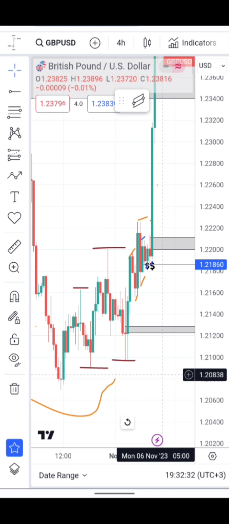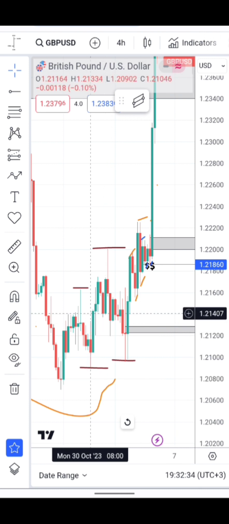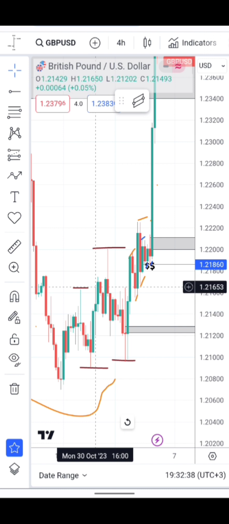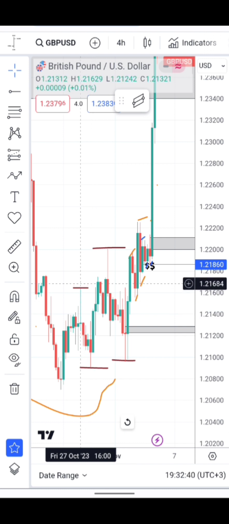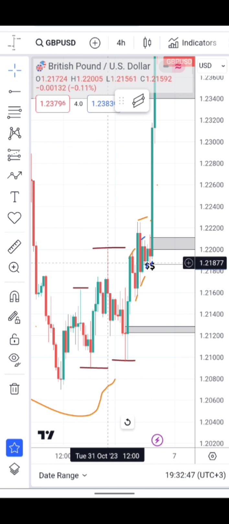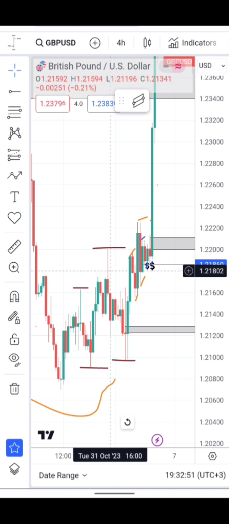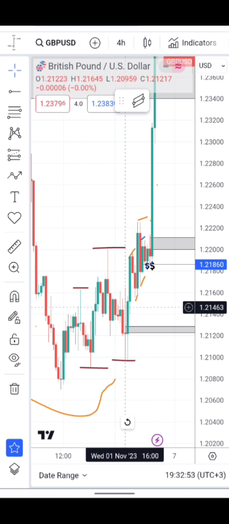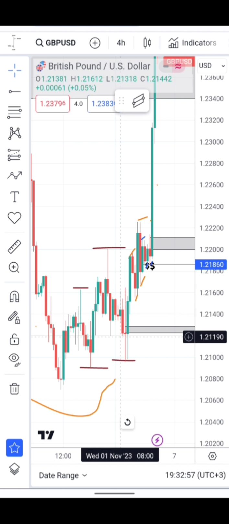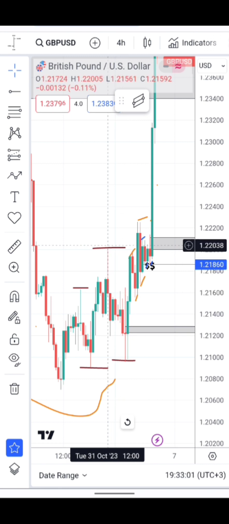There is this low on 30th October, which went and broke structure, violating the 27th October high to form the 31st October high. So from that 31st October high, we had this low on 23rd November. No, sorry, 1st November. From the 1st November low, it violated the 31st October high.